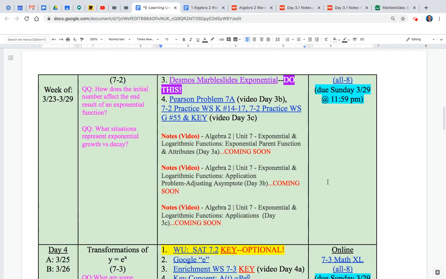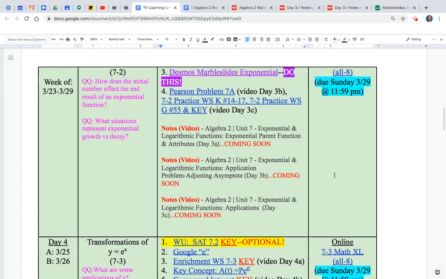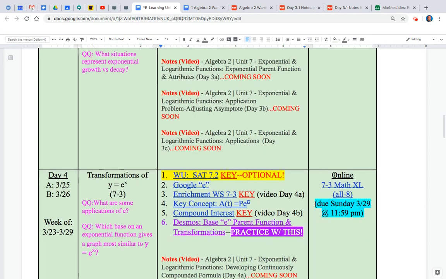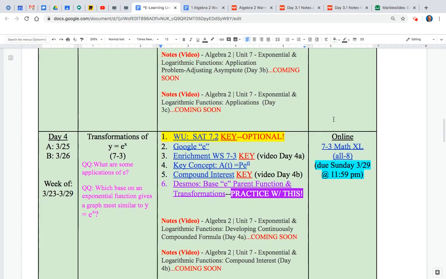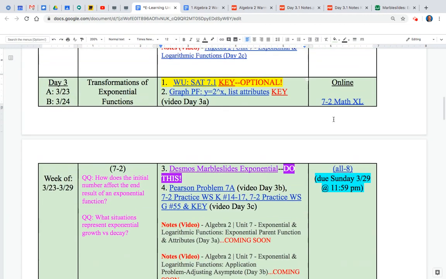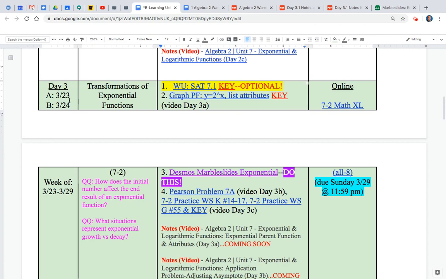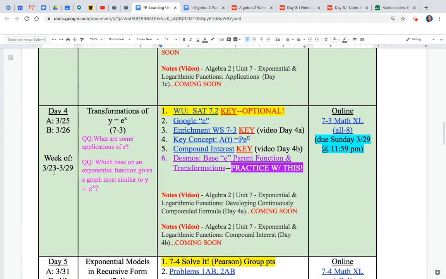Okay. Yes, these due dates are somewhat fluid, but since we've reallocated the workload, treat these as hard due dates, because it is not that much work, and you are definitely able to do it in the time that you have, as far as a full week. So these 2 blocks of green, coronavirus green, if you will, day 3 and day 4, are the week of March 23rd to the 29th.